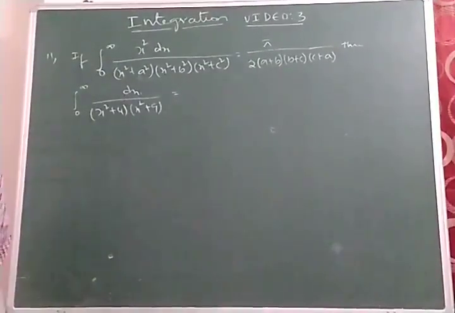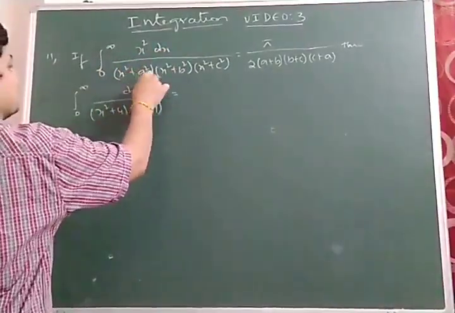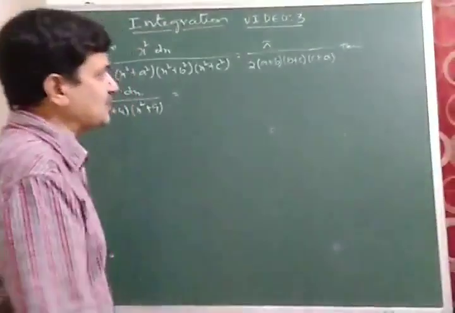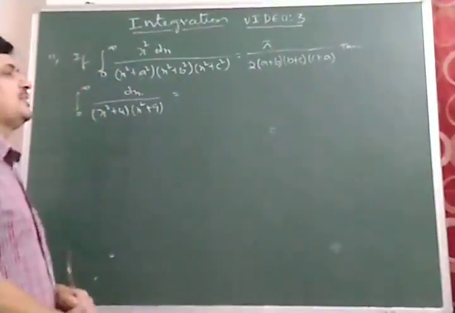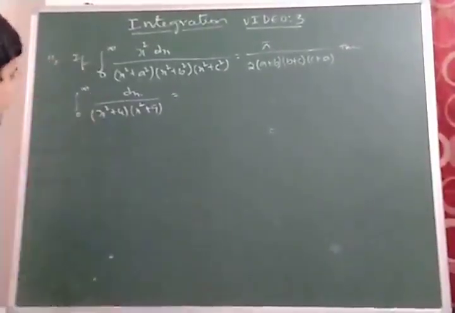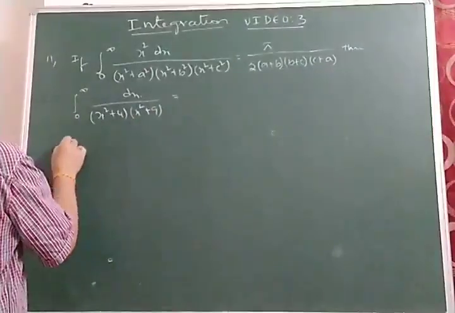Question number 11. If integral 0 to infinity x square dx by (x square plus a square)(x square plus b square)(x square plus c square) is equal to pi by 2 into (a plus b)(b plus c)(c plus a), then find integral 0 to infinity dx by (x square plus 4)(x square plus 9).